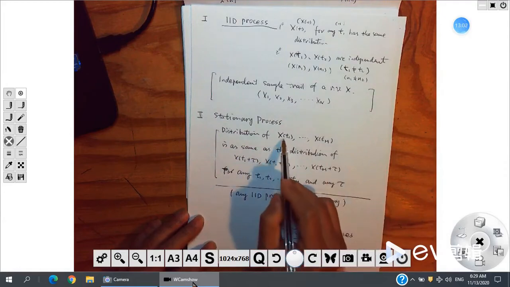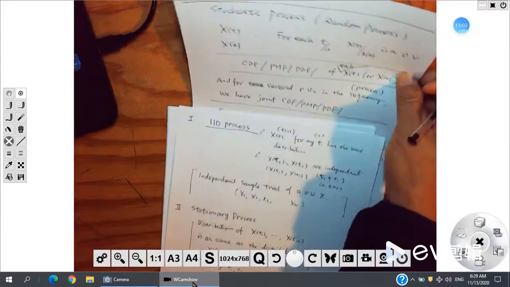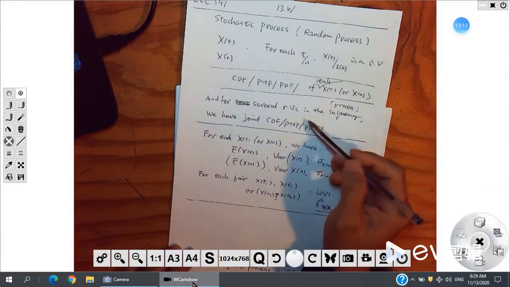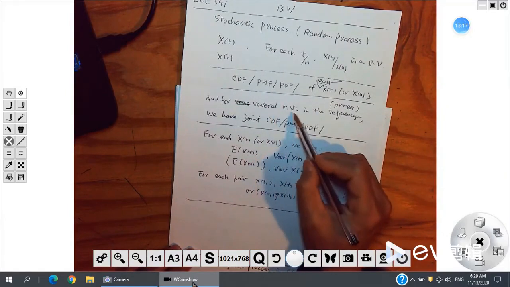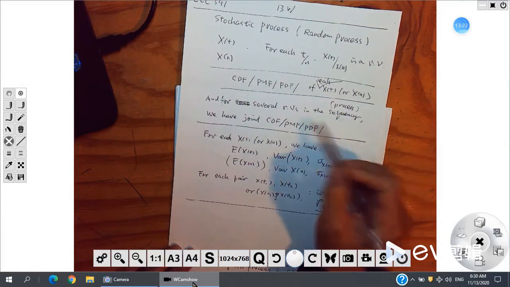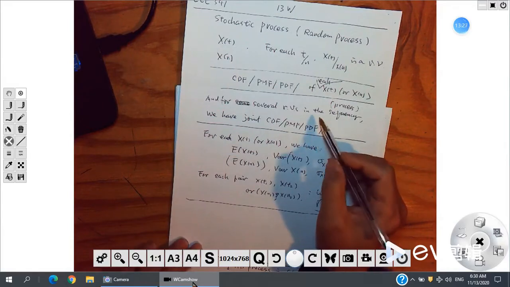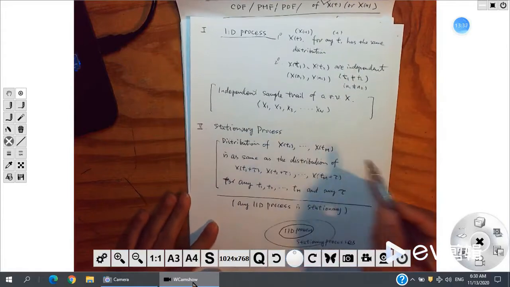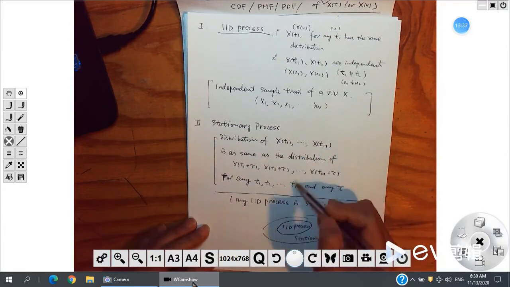Then a lot of distributions are the same. If we do not have this kind of condition, you generally consider the distribution of this process. You pick any finite number of random variables from the process, you have the joint CDF, PMF, or PDF, and that gives you a lot of functions. But in a stationary process, you have fewer functions to consider, because a lot of them are the same.